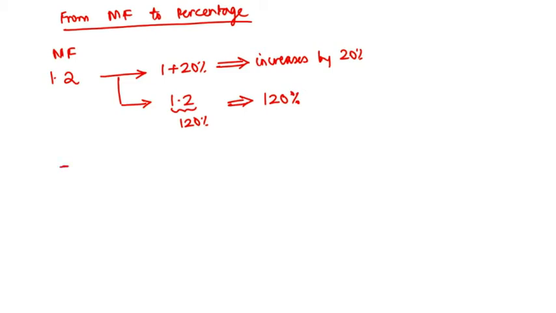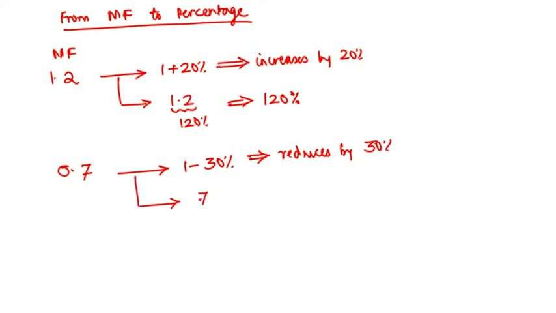Similarly, let's look at 0.7. 0.7 can be written as 1 minus 30%. So I can say this as reduces by 30%, or this can be written as 70%. Two ways of saying it. So for 70% also the multiplying factor is 0.7.